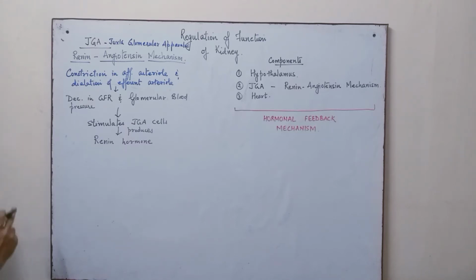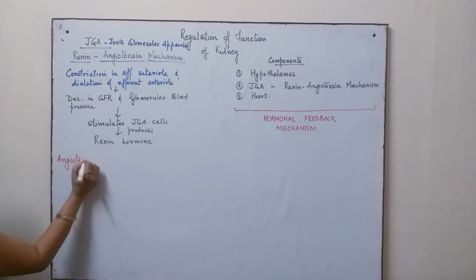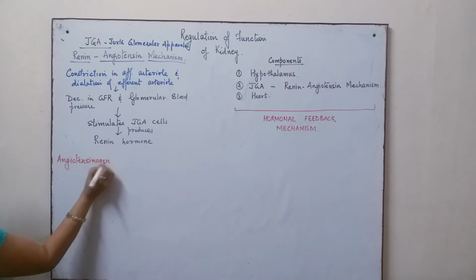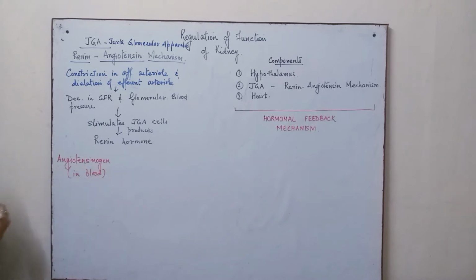Angiotensinogen is another hormone which is present in the blood in inactive form. Now, what happens over here?